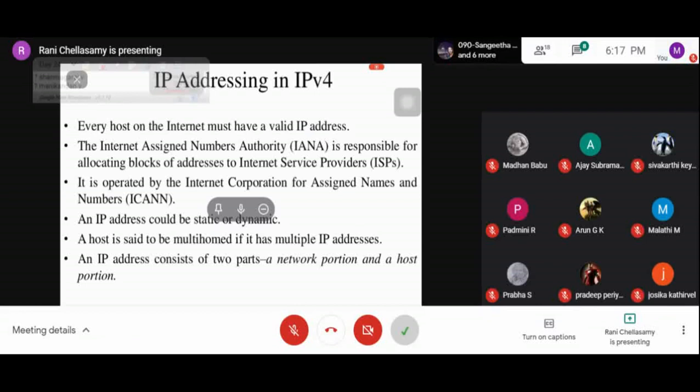Moreover, this IP address can be a static address or a dynamic address. If the host is multi-homed, then it can have multiple IP addresses also. Normally an IP address consists of 2 parts: the network part and the host part.